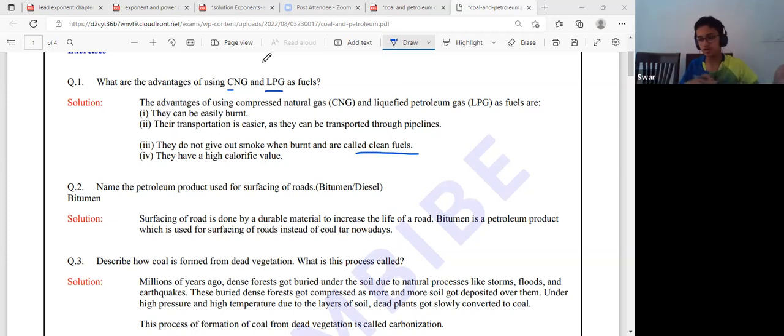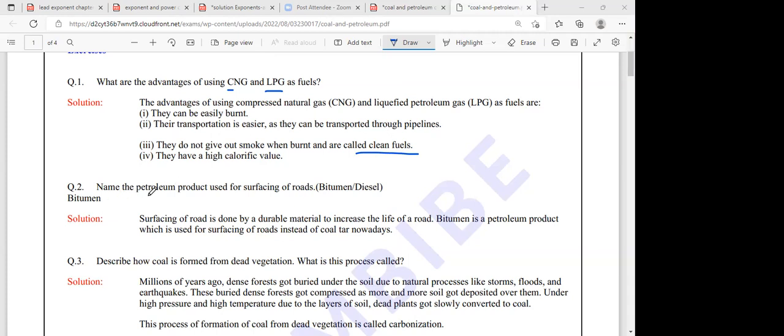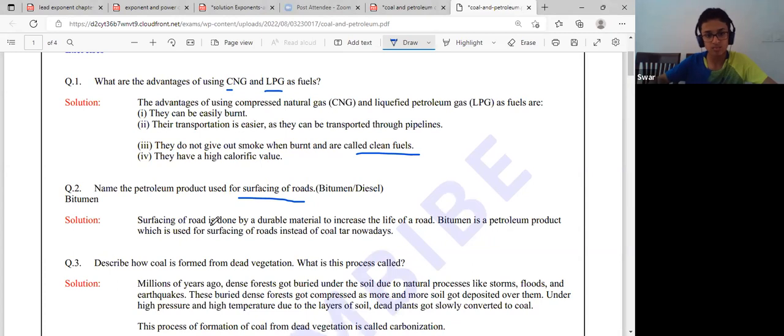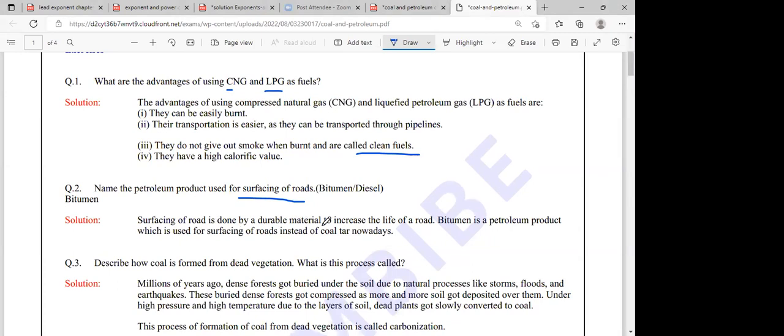Ma'am, I have written it down. Okay. Now the second one. Name the petroleum product used for surfacing of roads. Surfacing of a road is done with a durable material to increase the life of the road. If you are constructing a road, you will use a material which is durable, right?